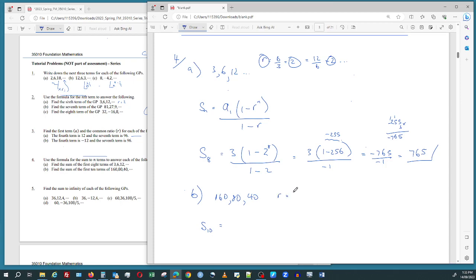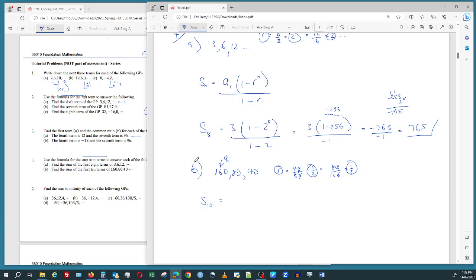So we'll take a term divided by the previous term. 80 over 160, they'll cancel. That's a half. That should be the same as 40 over 80, which is half. So our r is a half, and a1 is 160.